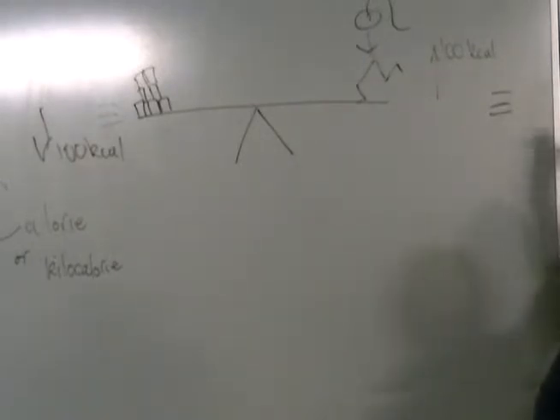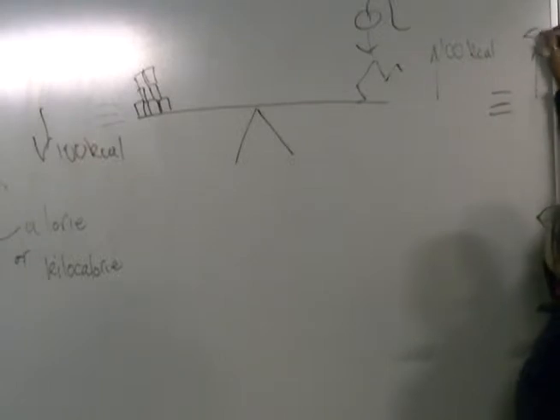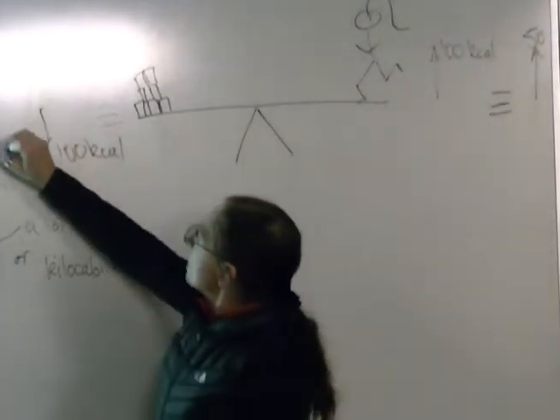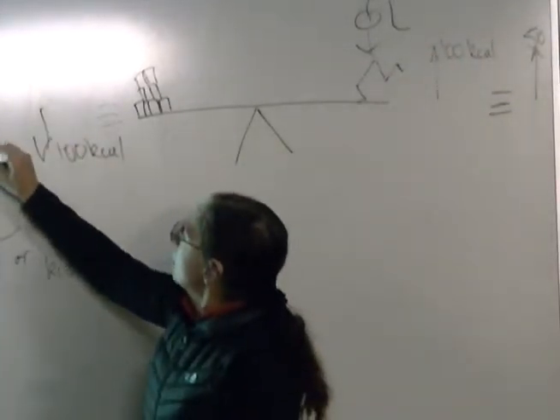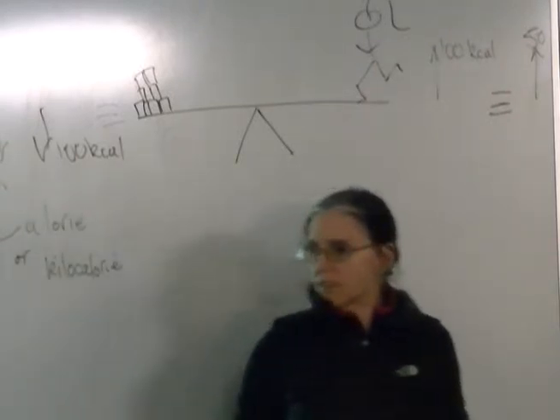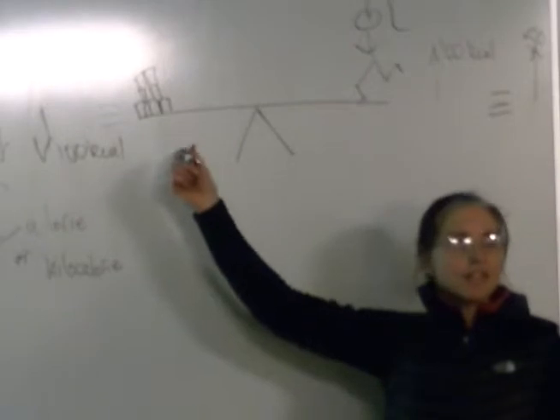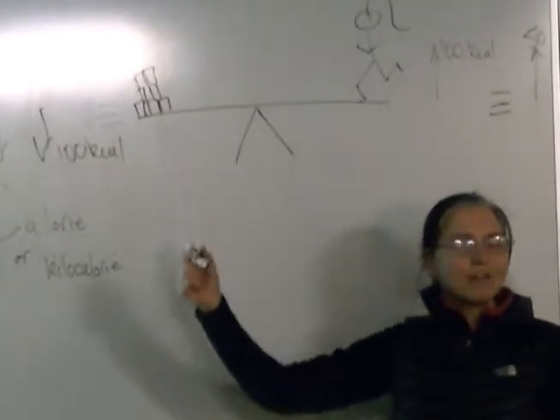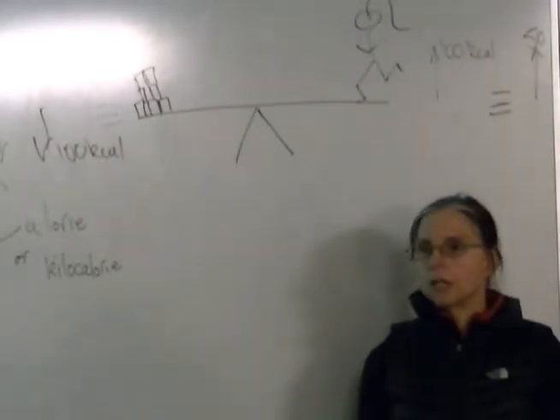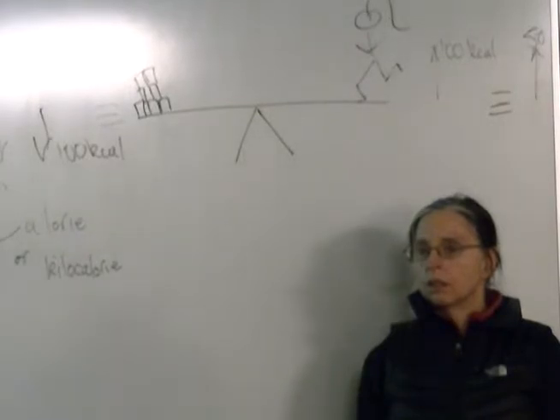Or, option 3, I can increase that by 50 and decrease that by 50. And I create a 100-calorie deficit. And I cut out 50 calories a day. 50 calories. It's not very much. An apple, half an apple.